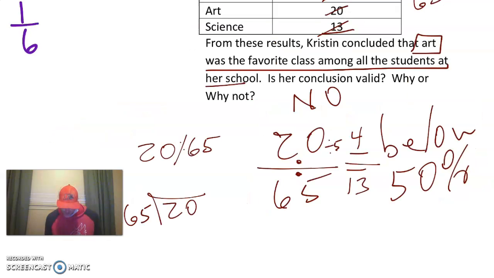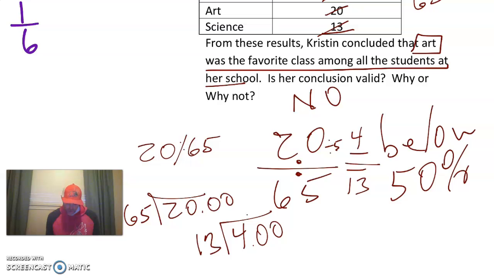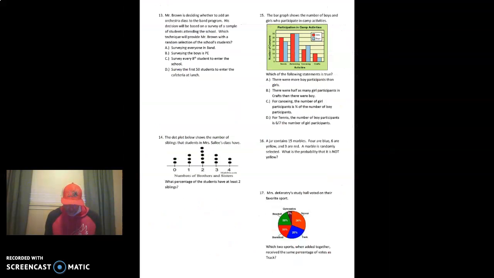Would this be an easier problem? 4 divided by 13? Yeah, it would. And to turn it into a percent, you just add a decimal and some zeros and divide, and that'll tell you your percent.